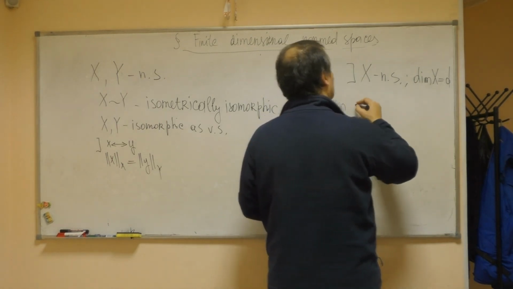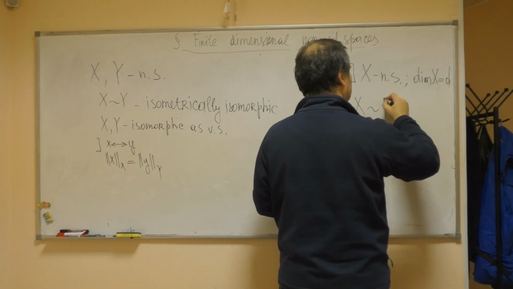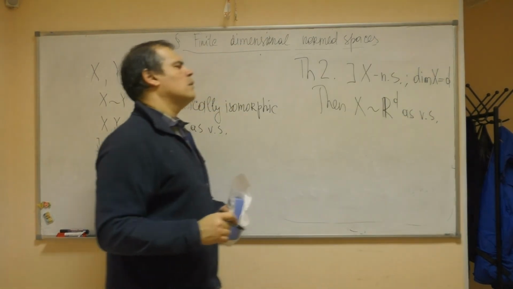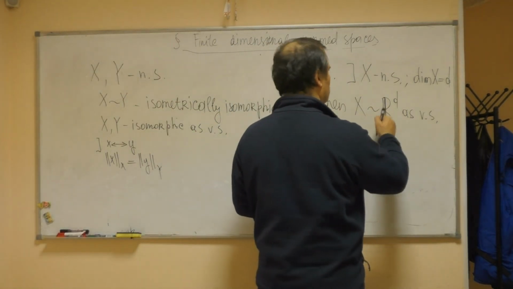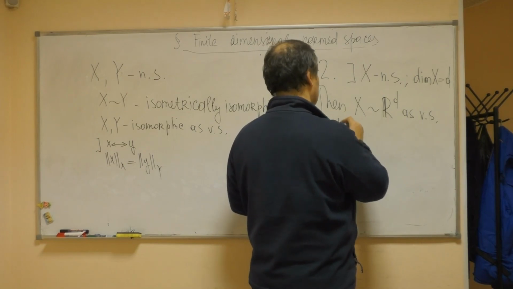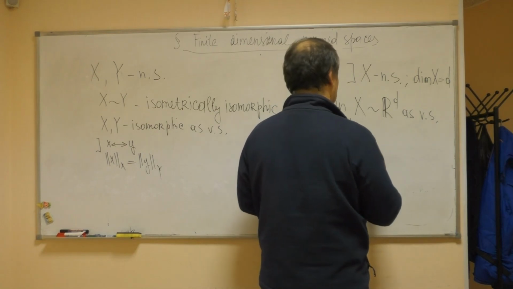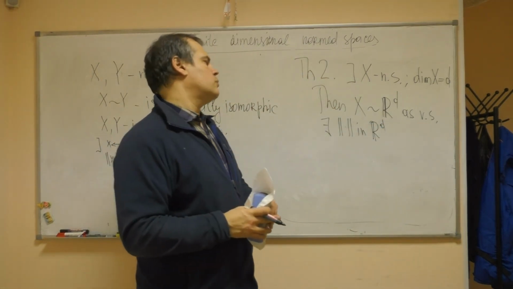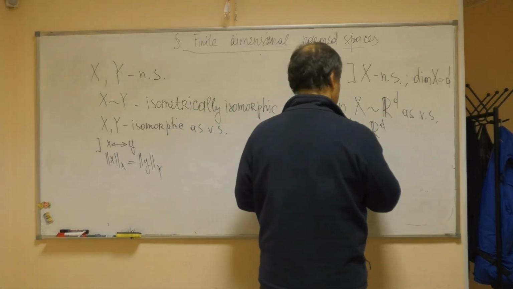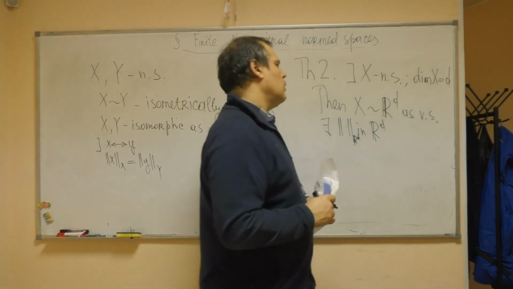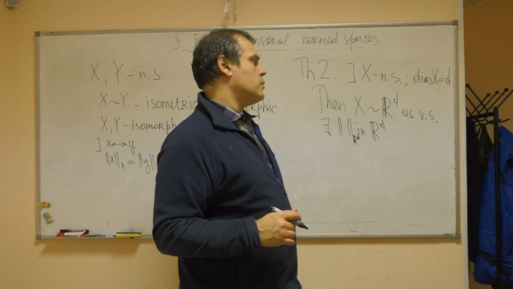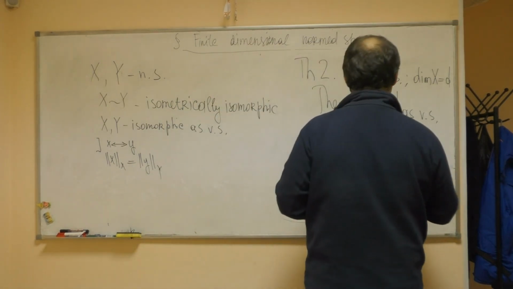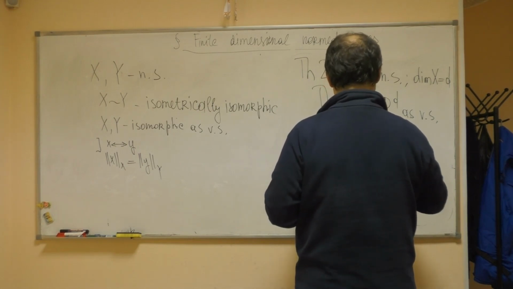Then X is isomorphic to Rd as a vector space, and we can choose a norm in Rd in such a way to make these spaces isometrically isomorphic.